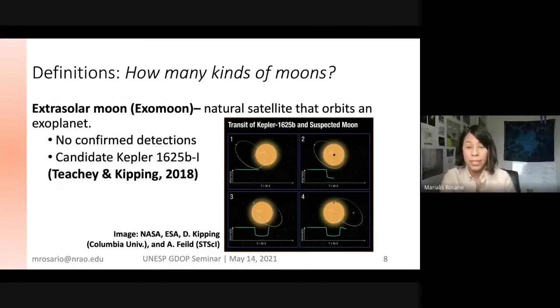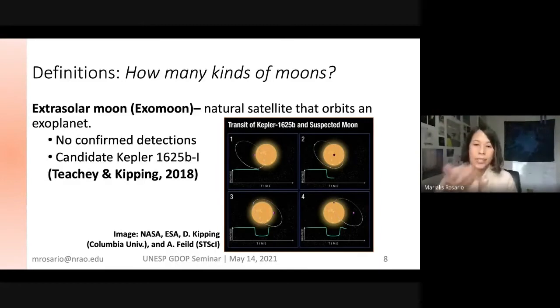Actually, this method has given the field the very first candidate for an exomoon, put forward by Teachey and Kipping in 2018. That is Kepler-1625b, where the system is a Jupiter-like planet that might have a Neptune-sized moon around it.